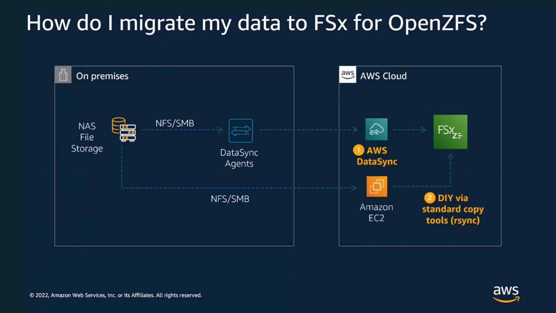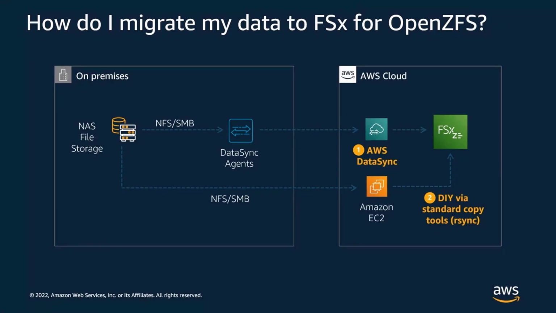You can set up periodic replication that's completely incremental, so you can synchronize these 2 environments continuously prior to your cutover time. And it's really fast in that you can transfer up to 100 terabytes per day per DataSync task, and even parallelize multiple tasks to deliver even higher levels of overall throughput.